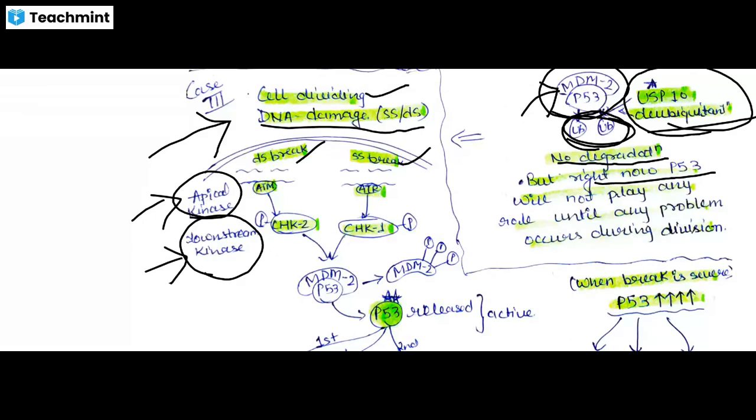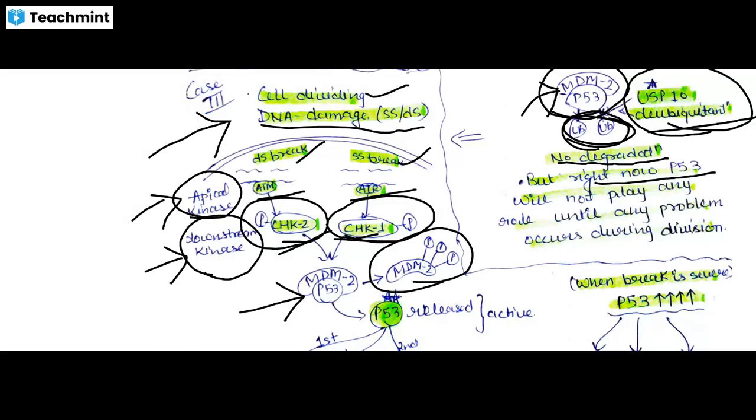These kinases signal to activate P53. So what happens when a double stranded break occurs? ATM is activated, which activates CHK2 by phosphorylation, and when a single stranded break occurs, ATR is activated, which phosphorylates CHK1, and these CHK2 and CHK1 phosphorylate MDM2.